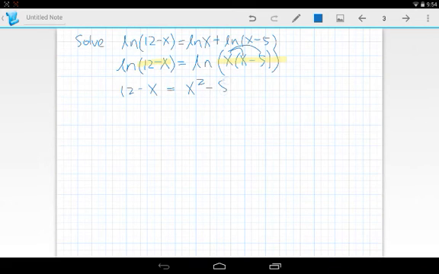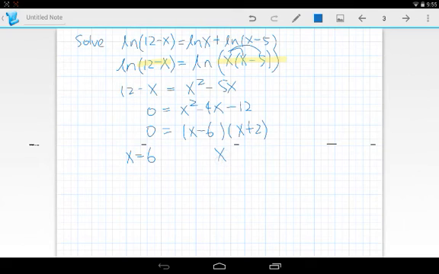It becomes x squared minus 4x minus 12 equals 0. Factor it. x minus 6, x plus 2 is equal to 0. So x is equal to 6 or x is equal to negative 2.